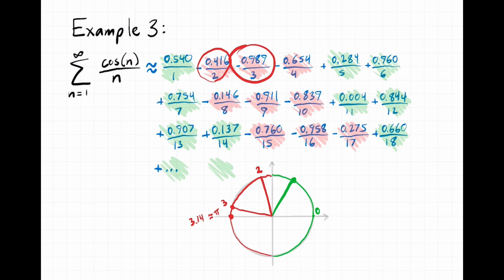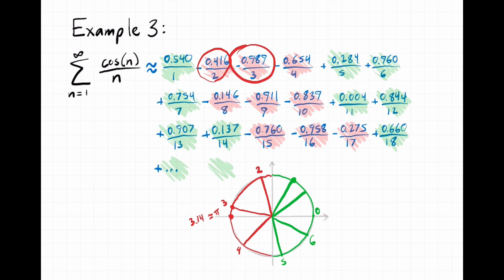Bear in mind, 1 radian is a little bit less than pi over 3. Now, pi over 3 is 1/6 of the circle. So 1 radian is less than 1/6 of the circle, which makes sense because the whole circle is about 6.28. It's 2 pi, right? So here is 4. Here is 5. Here is 6.